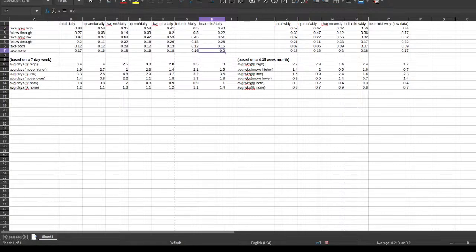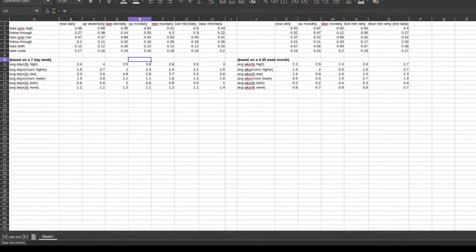I think that's good anyway. Did I add any zeros to this one? No, I added the zeros to this one. Total weekly. 7%, yep. 0.07. Up month weekly. 6%, yep. Down month weekly. 9% and 20%, yep. Then bull market weekly. We have a 7%. And bear market weekly, we have a 9%. So it looks good. All right.